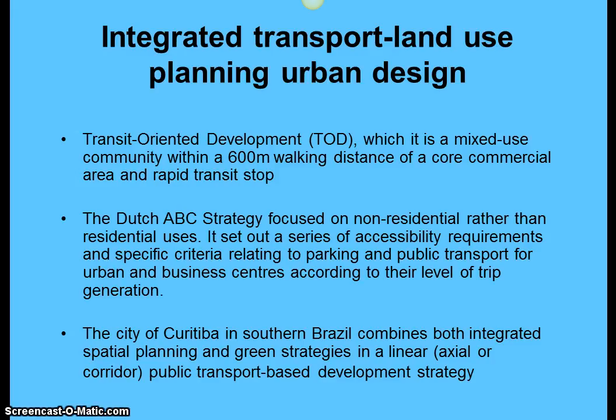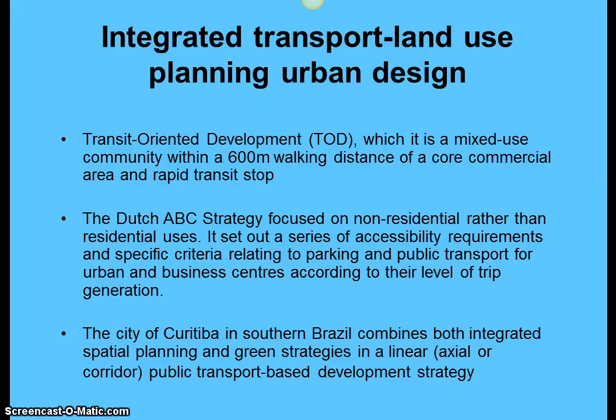It sets out a series of accessibility requirements and specific criteria relating to parking and public transport for urban and business centers according to their level of trip generation. So for higher trip generation, a different strategy; for lower trip generation, a different strategy. Usually for higher trip generation, we have to provide more public transport and fewer facilities for private vehicles.